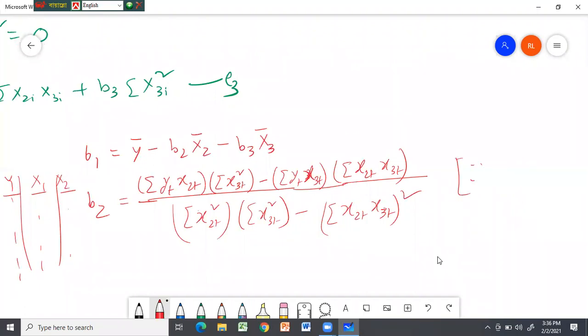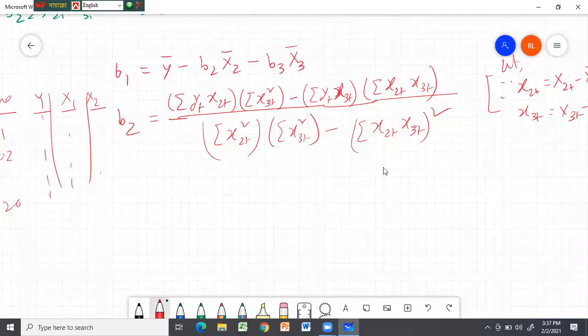So small x2t means capital X2t minus capital X2 bar, and small x3t means capital X3t minus capital X3 bar. That means from every actual observation of the x2 and x3 variables, you are deducting their mean value. And that is what is denoted by small x2t or small x3t.